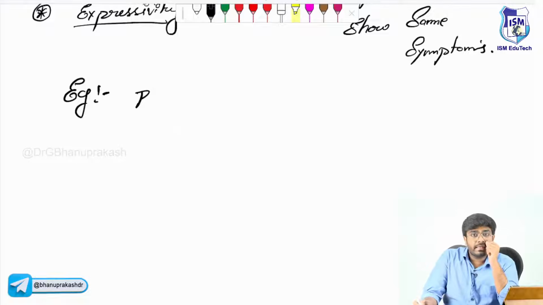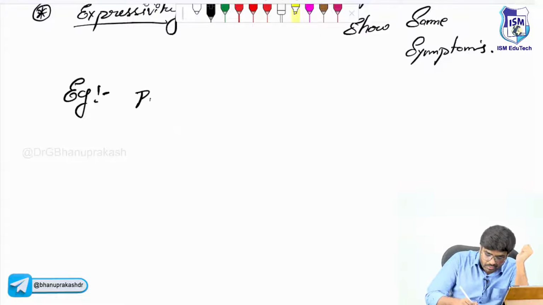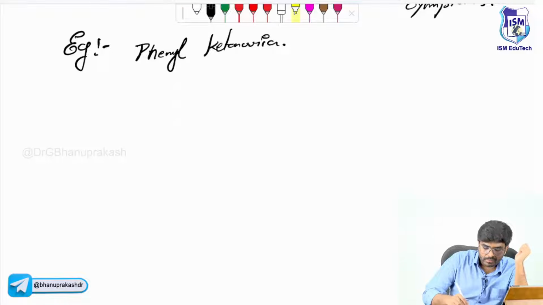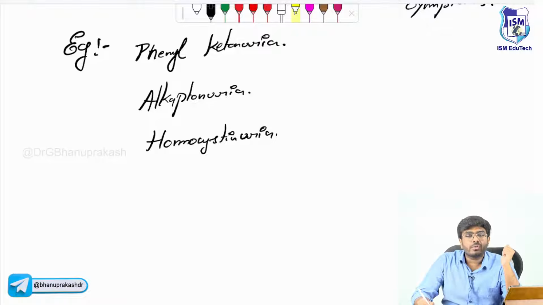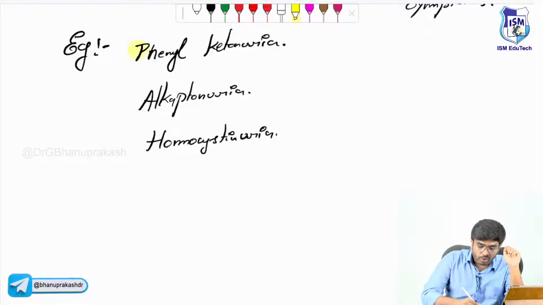I used to remember it like this: anything which ends with the word urea is autosomal recessive. Phenylketonuria, alkaptonuria, homocystinuria. These are all examples of autosomal recessive disorders. Out of 15, 3 are completed.